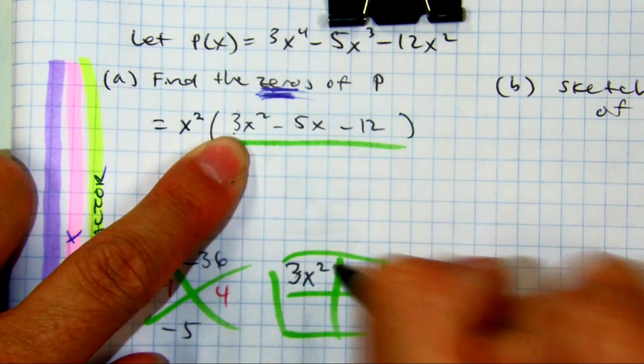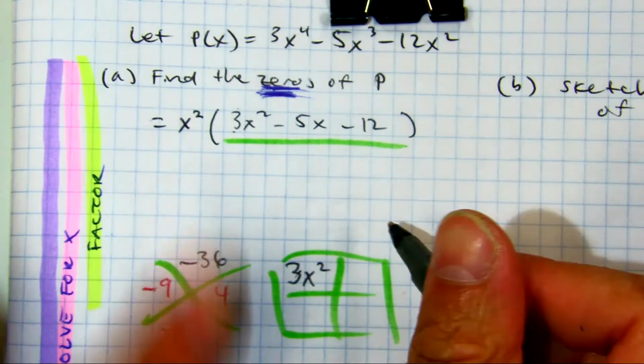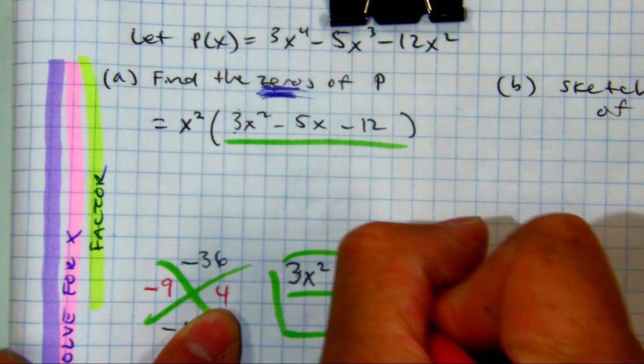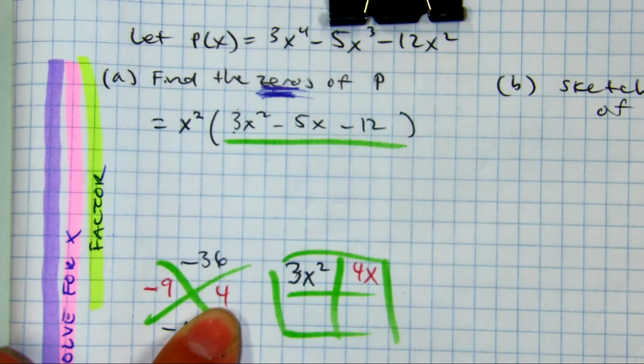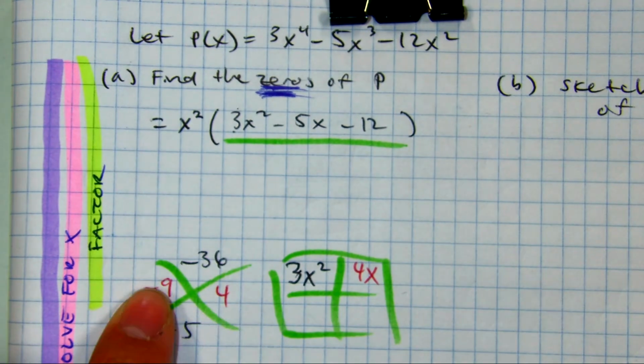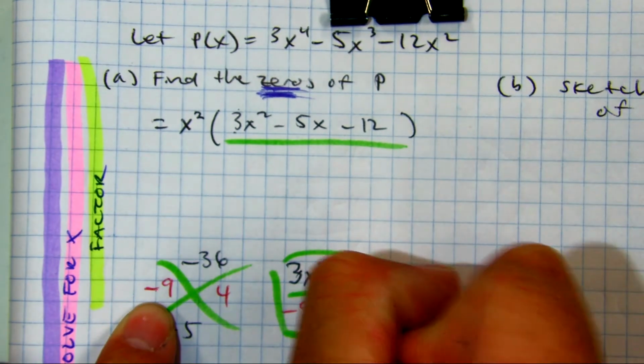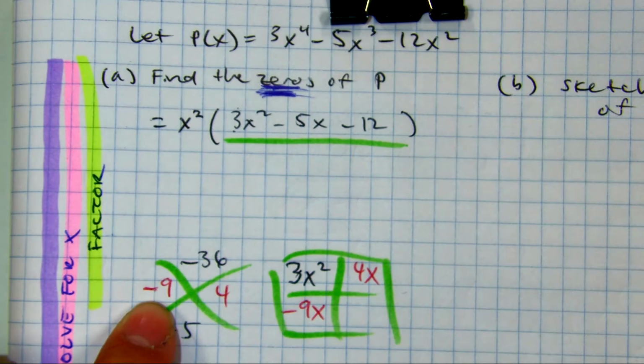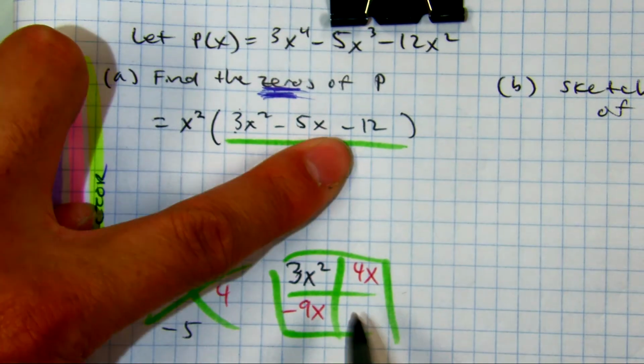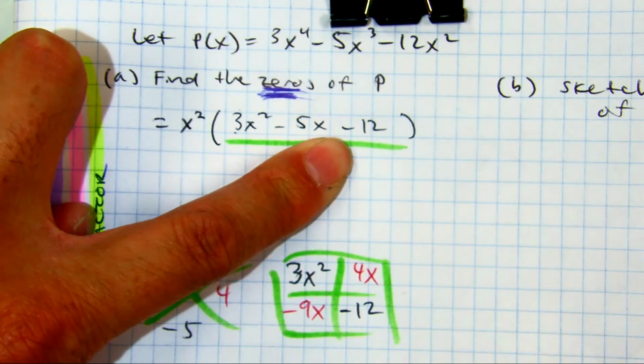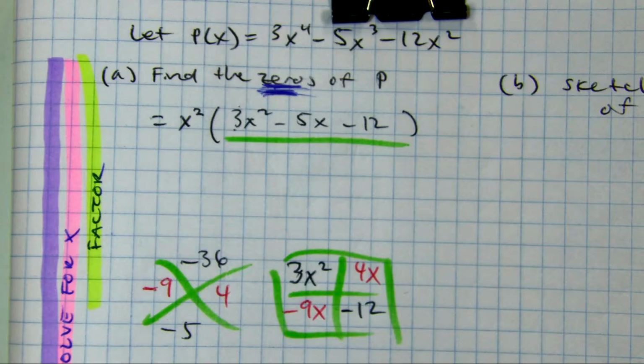To the right of that would be 2x. Bottom left would be negative 9x. And then the last box is negative 12. Good job, Jen.